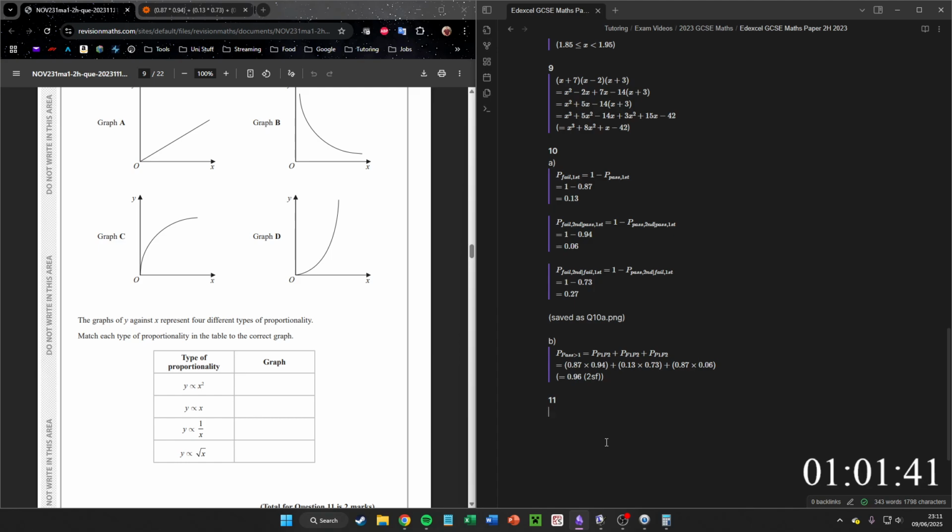So, it says fill out a table. I can obviously then insert a table, that sort of thing. So I'll say type of proportionality and graph. And let's have a look.